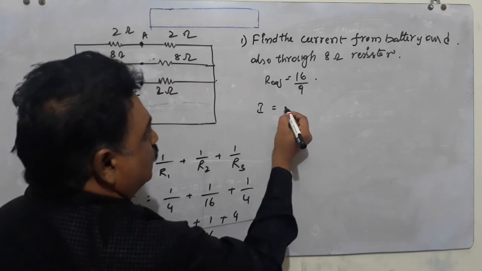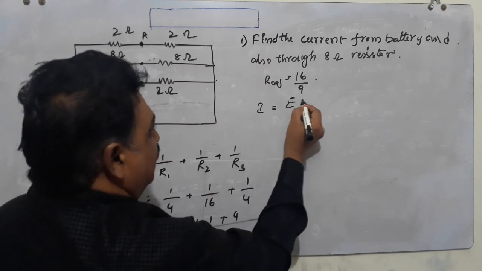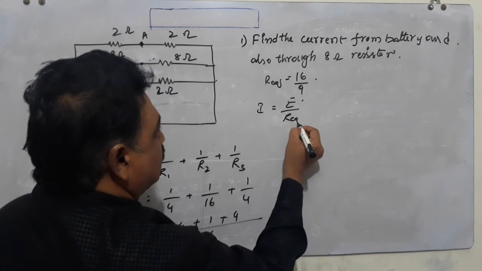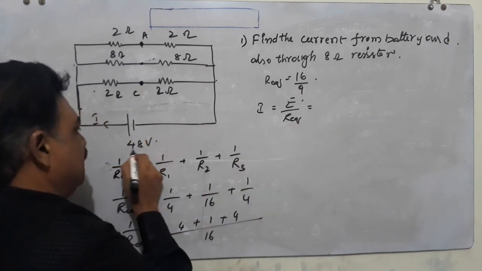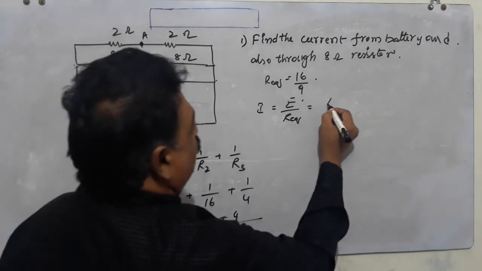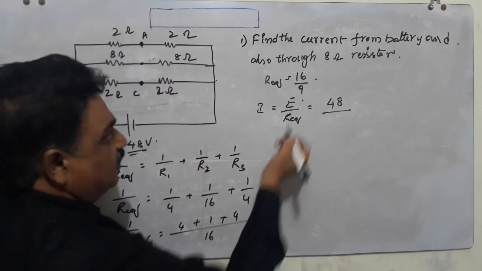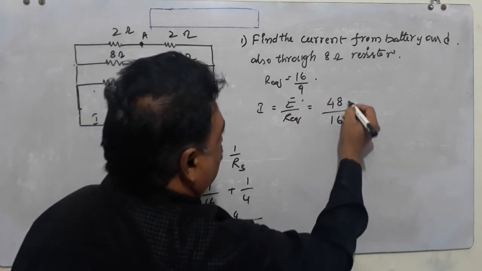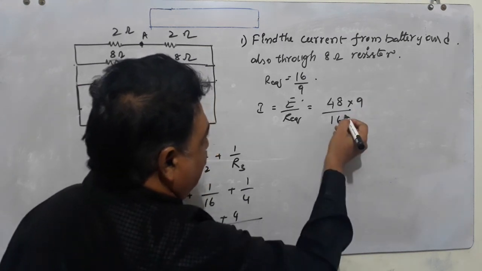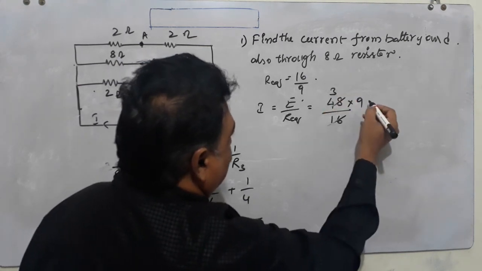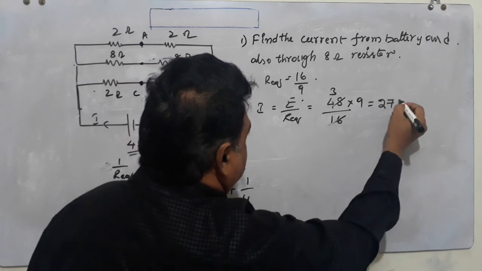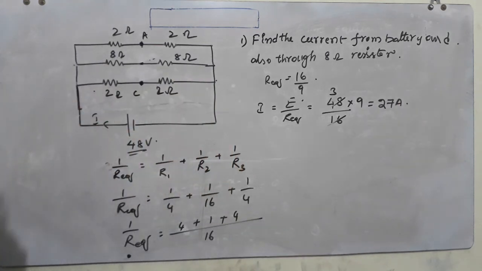I is equal to E by R equivalent. What is the value of E? It is nothing but 48 volts divided by the value of R equivalent, 16 by 9. So that 16 3s is 9 3s is 27 ampere is the total current drawn from this battery.